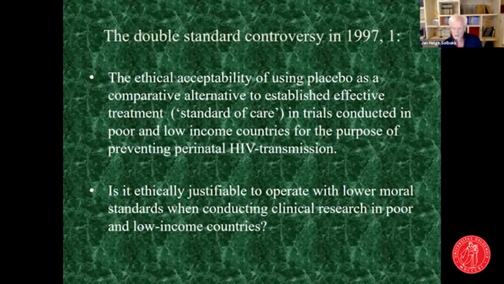But then in 1997, some powerful stakeholders insisted on changing this and accepting that one could use placebo as a comparative alternative to so-called standard of care or established effective treatment if the trials were conducted in poor and low-income countries where such treatment did not yet exist.